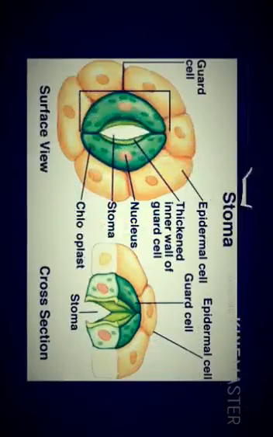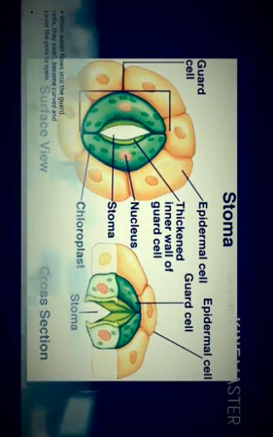Just the next point. Each stomatal pore is surrounded by a pair of guard cells. Guard cells, पहरेदार. Guard means पहरेदार. Okay, each stomatal pore is surrounded by a pair of guard cells, and the opening and closing of the stomatal pores is controlled by the guard cells.